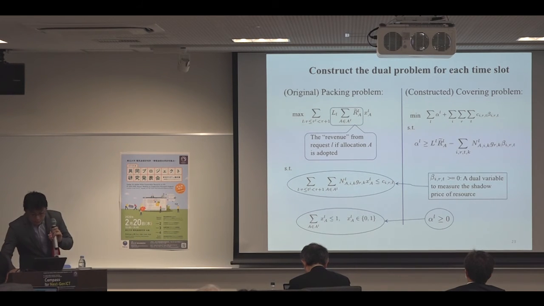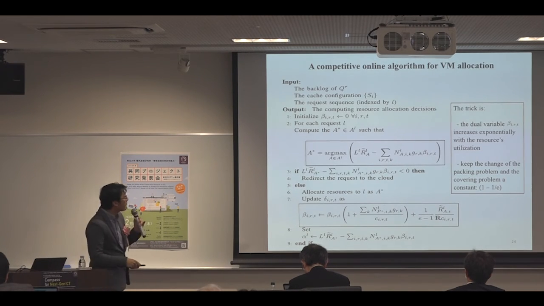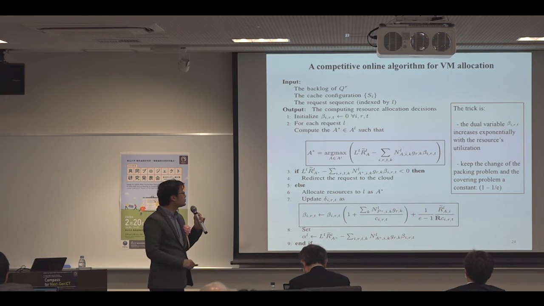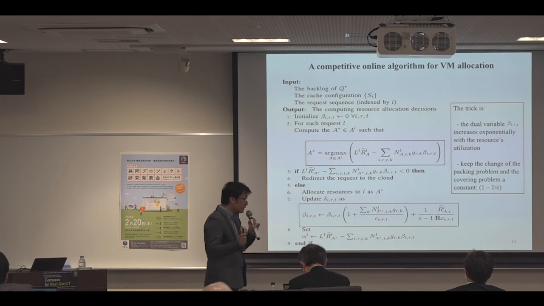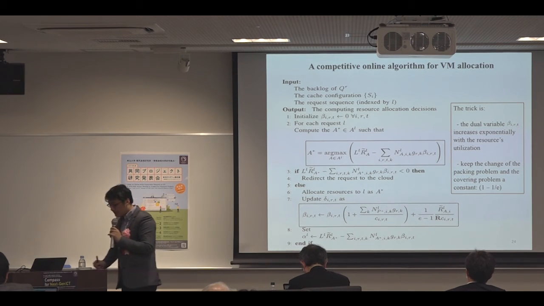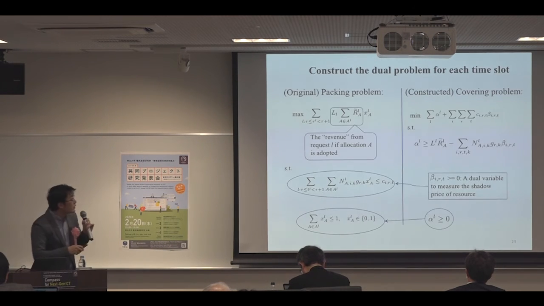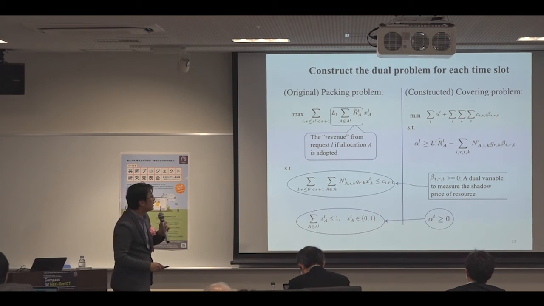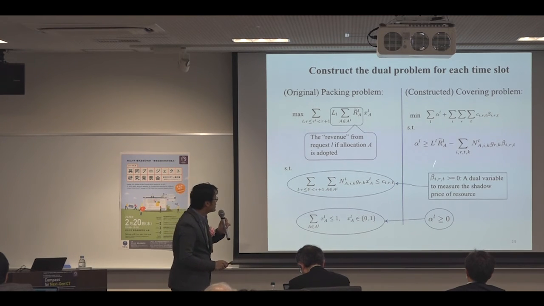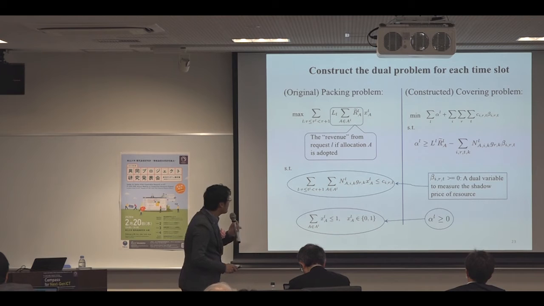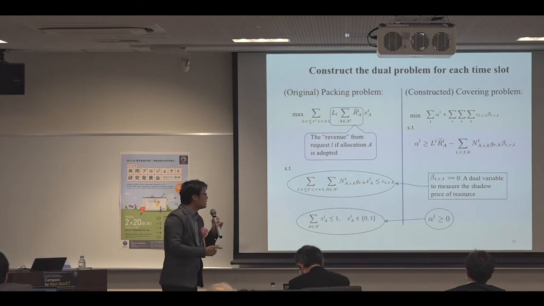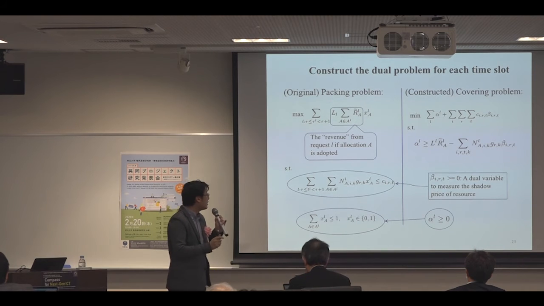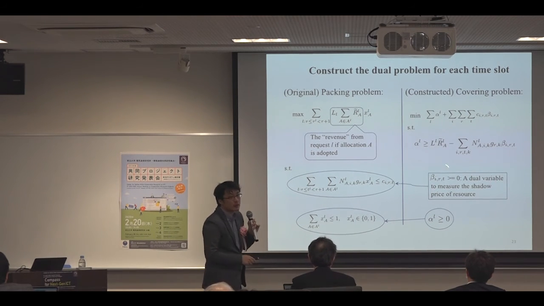So the tricky point is that we use the dual variable. Here is beta. We use the dual variable as an evaluation, as a shadow price of a certain resource.